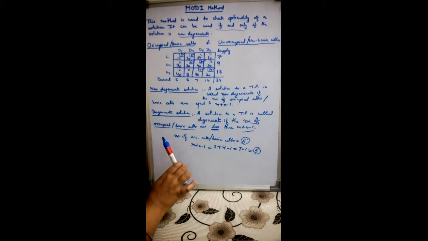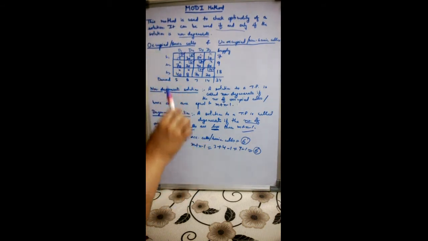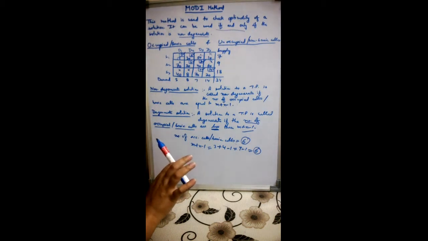Now moving on to the modified distribution method, what exactly it is and how it works. This is just the terminology that we'll be using. But what actually is the modified distribution method? For that we need to find certain parameters: the u values, v values and d values.